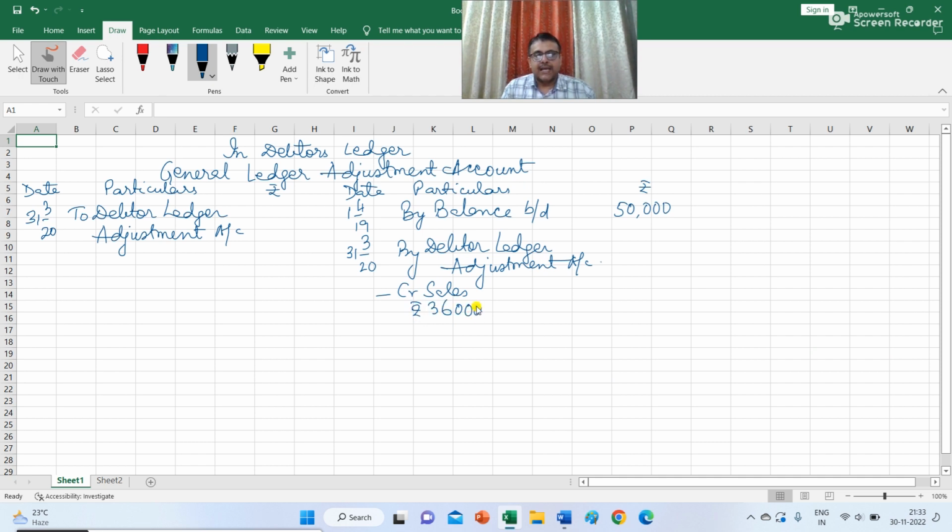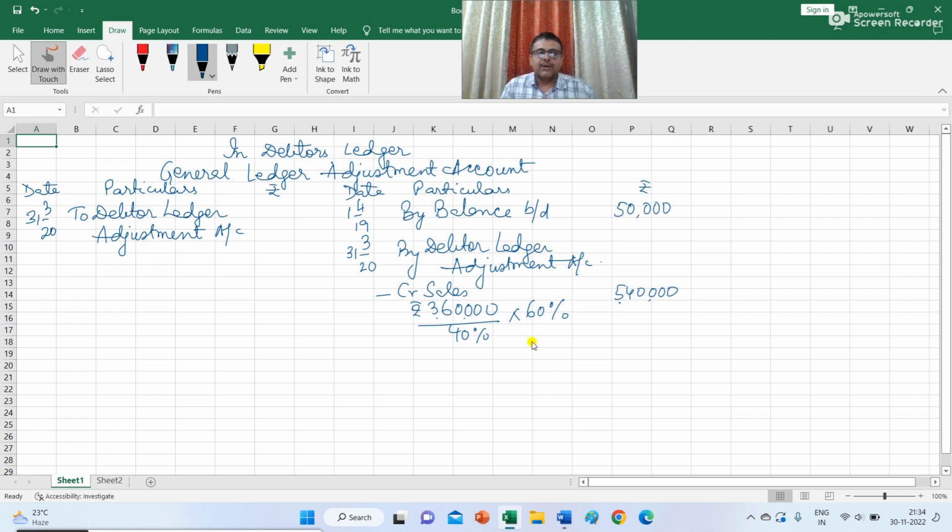This is the amount of cash sales, and this is 40% of total sales. So your total sales is 3,60,000 divided by 40%, which means 9 lakh. And credit sales is 60% of total sales, so your credit sales would be 5,40,000.